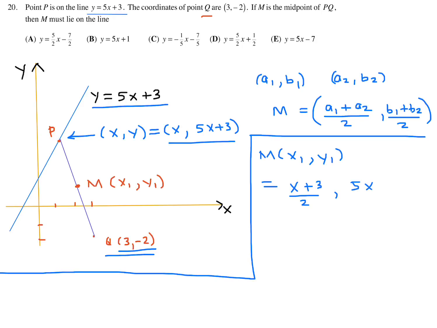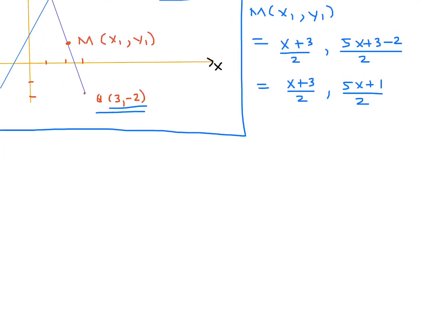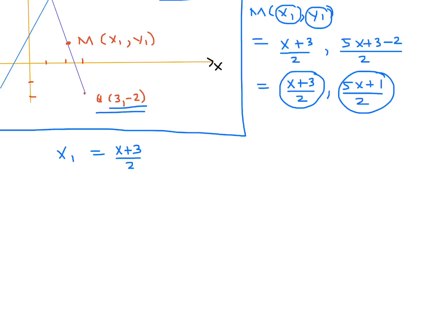And we have 5x plus 3 minus 2 over 2, like that. So x plus 3 over 2 and 5x plus 1 over 2, like that. I probably will need some extra space. All right, so that means that x1 is x plus 3 over 2, and y1 is 5x plus 1 over 2. So I'll write it over here. x1 is x plus 3 over 2, and y1 is 5x plus 1 over 2.